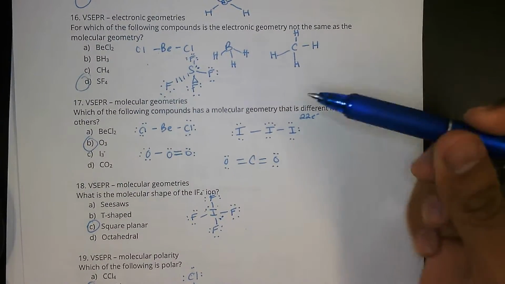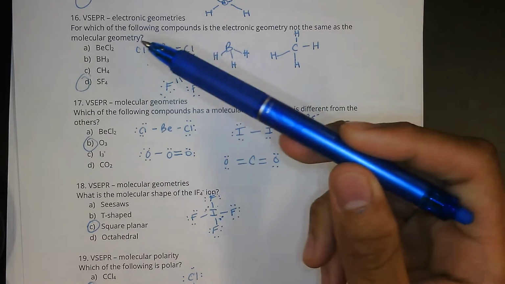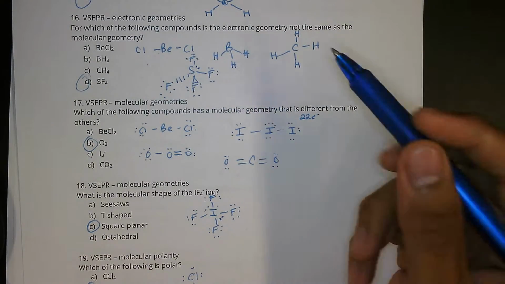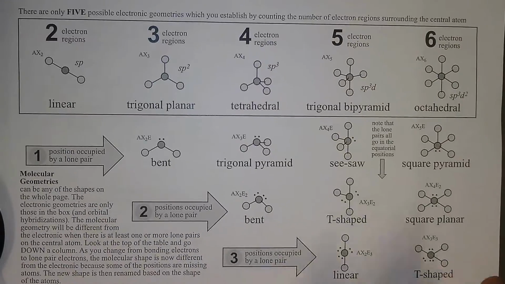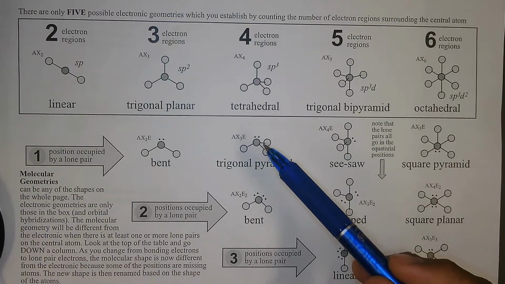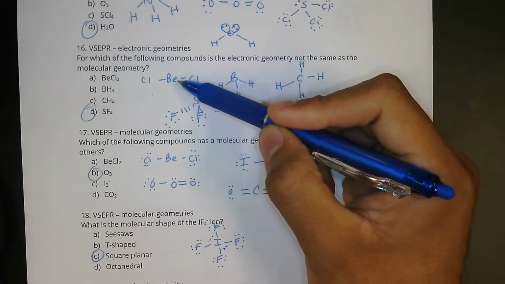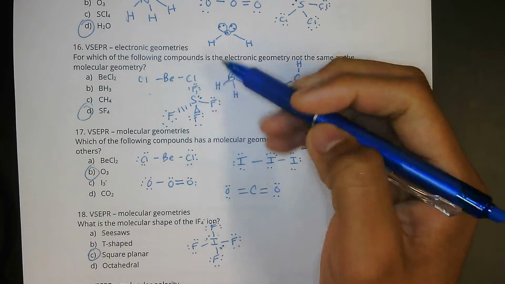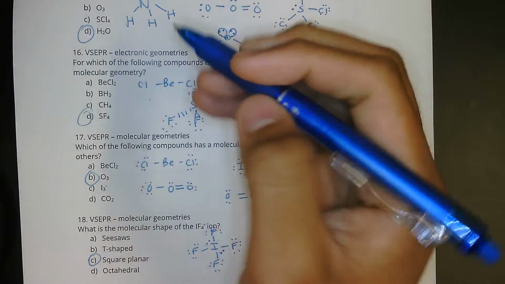For number 16, it says, for which of the following compounds is the electronic geometry not the same as the molecular geometry? And remember, what we look at here, what we compare are the electron regions versus just the regions where you have the actual atoms bonded. And so if you look at beryllium chloride, you have beryllium here and you have two chlorines around it. Each chlorine is willing to contribute 7 valence electrons.